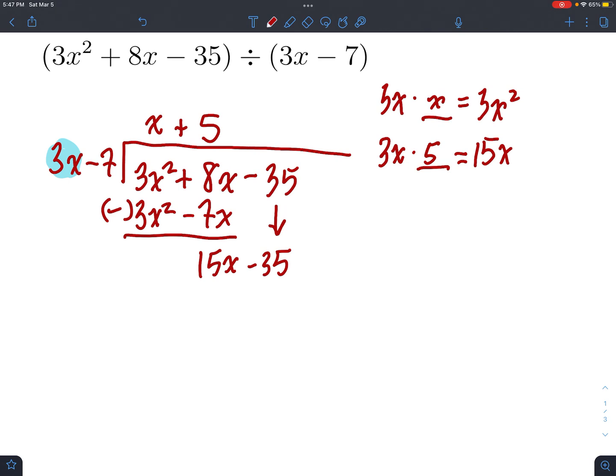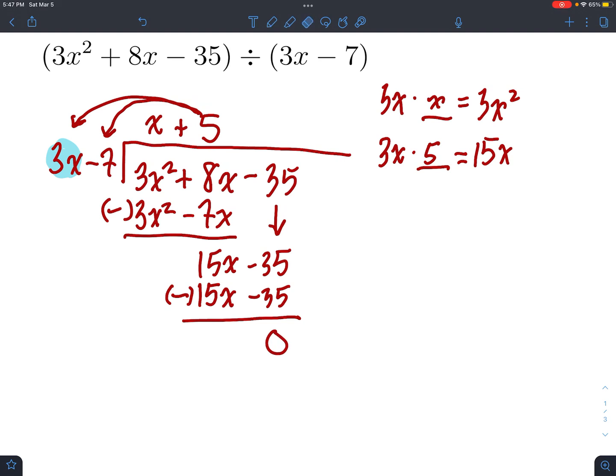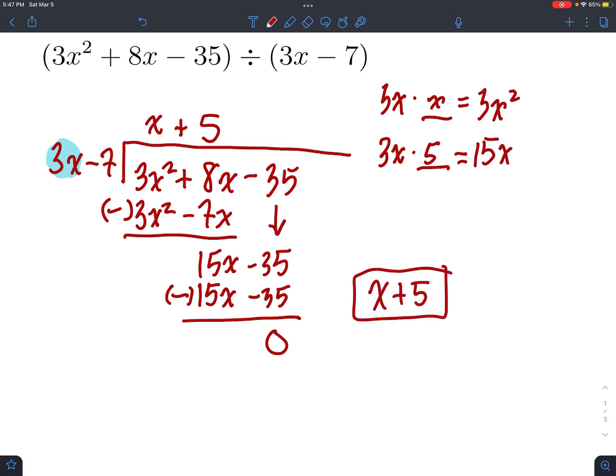So I multiply, which I didn't really describe how you do that last time. You take the 5, you multiply it by the 3x, and you also distribute it to the minus 7. So that equals 15x minus 35. With a 0, that's perfect. It means we're done. So the answer to this is this.